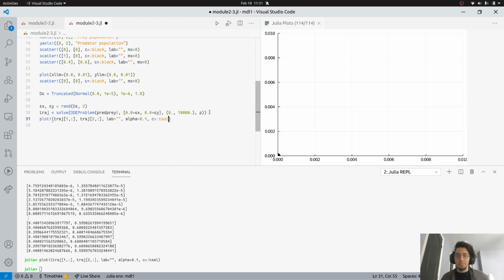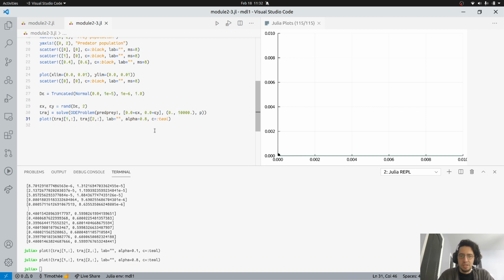Why not? That may be a little bit too transparent. Oh, I see what's going on. Okay, so our perturbation is here. It's moving away from the equilibrium, or so it seems.